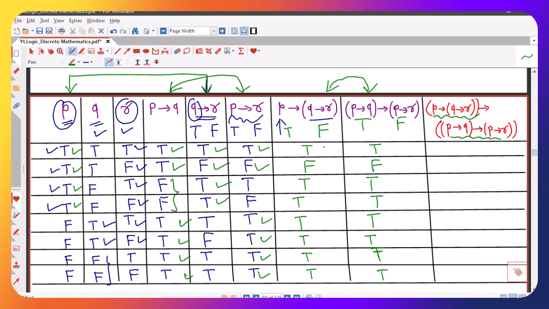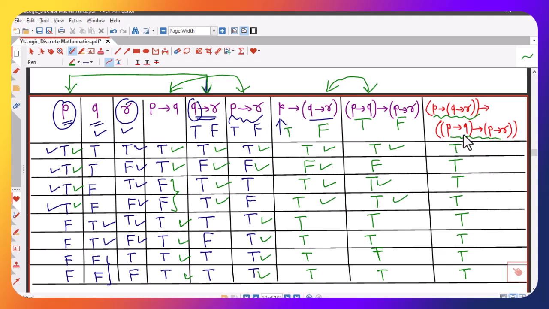So we start again with the first possibility. Both are true, therefore this is true. Here the first one is false, so don't worry about the second one, we can directly write T. And in all these remaining possibilities you can see both are true, therefore all the remaining truth values are T.